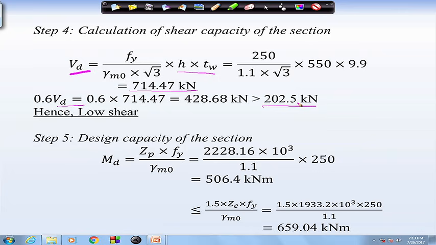So, for low shear, the design capacity of the section can be calculated from the formula MD is equal to ZP into Fy by gamma m0. We find the MD value as 506.4 kilonewton meter, which is greater than the developed moment, WL square by 8, so it is okay. Then we also check whether it is less than 1.5 ZE Fy by gamma m0. There we can see that ZE Fy by gamma m0 is 659, so the MD value can be considered as this.